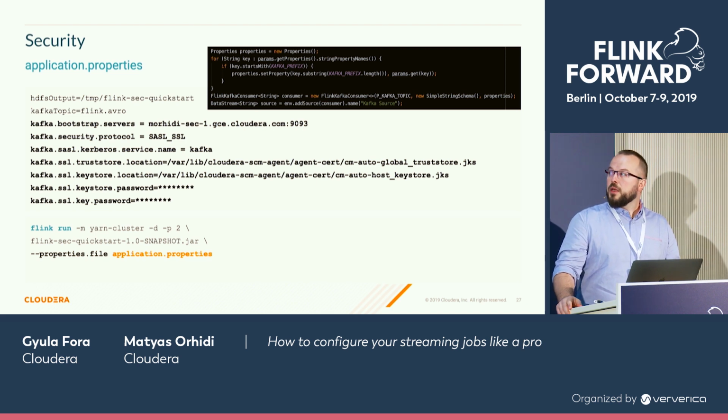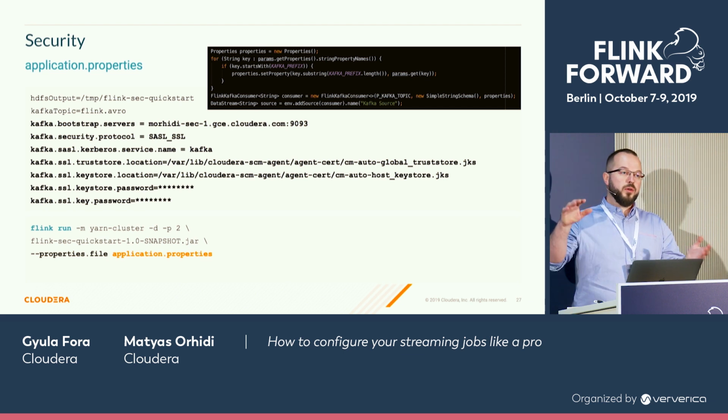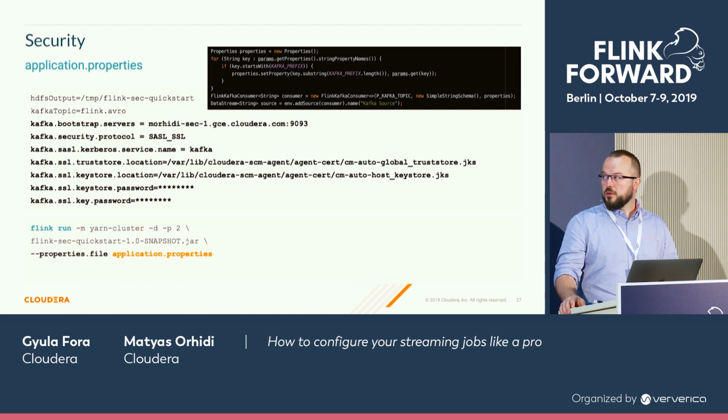So these were the built-in solutions for security. If you want to run any other third-party connector, it is recommended to put all the configuration related to security next to your business configuration, basically, and somehow process it automatically in your application.